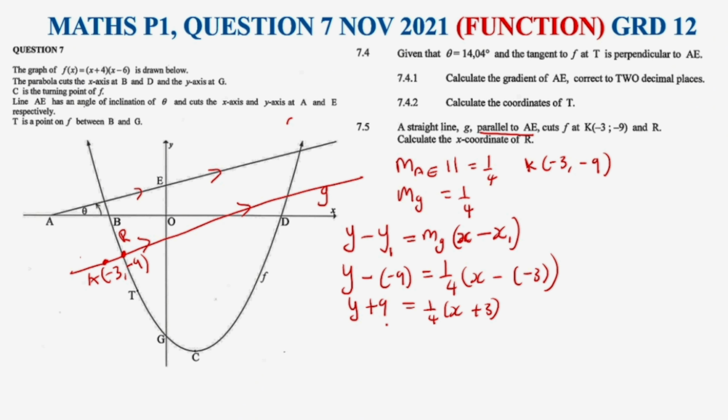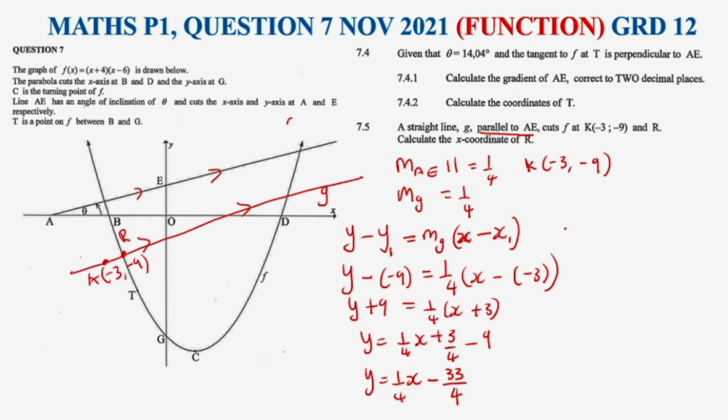Therefore, multiply throughout by 1 over 4 and then take 9 to the other side: 1 over 4 x plus 3 over 4 minus 9. When you simplify this in your calculator, or if you are that good, you get y equals 1 over 4 x minus 33 over 4.